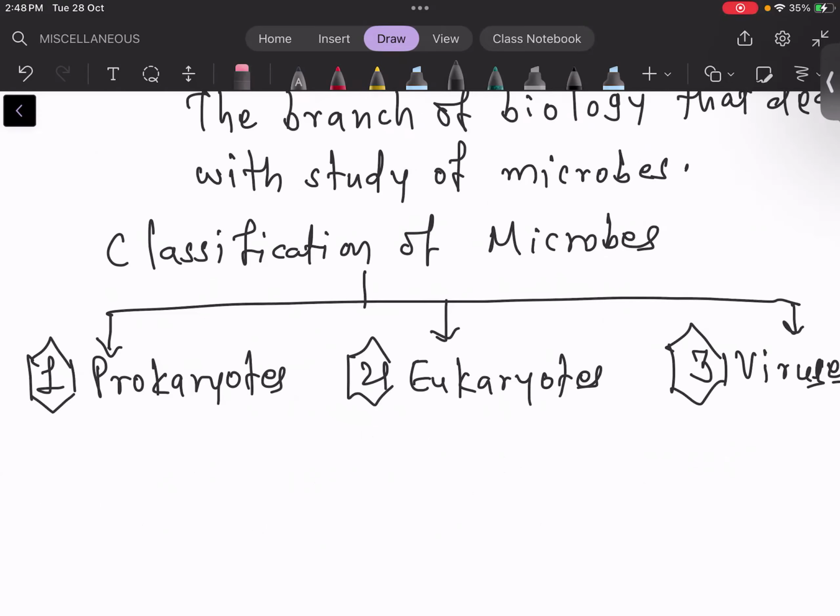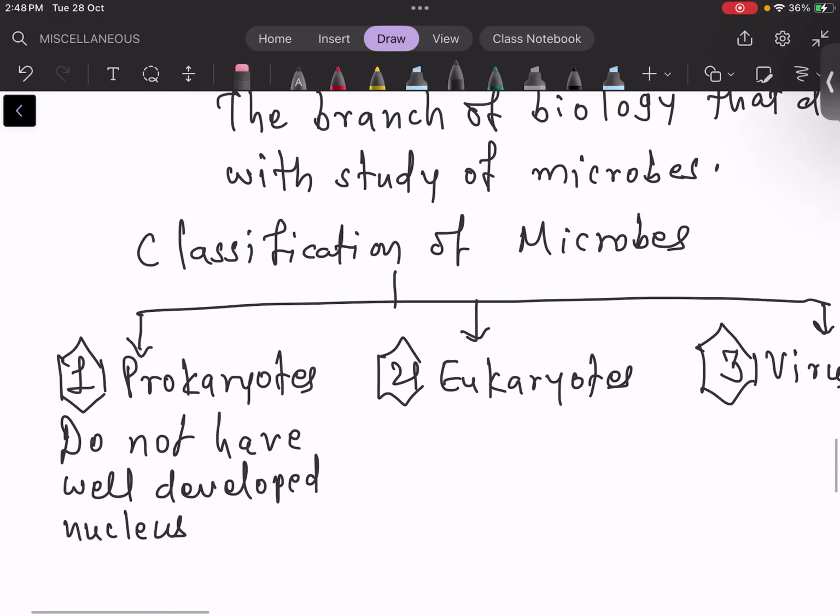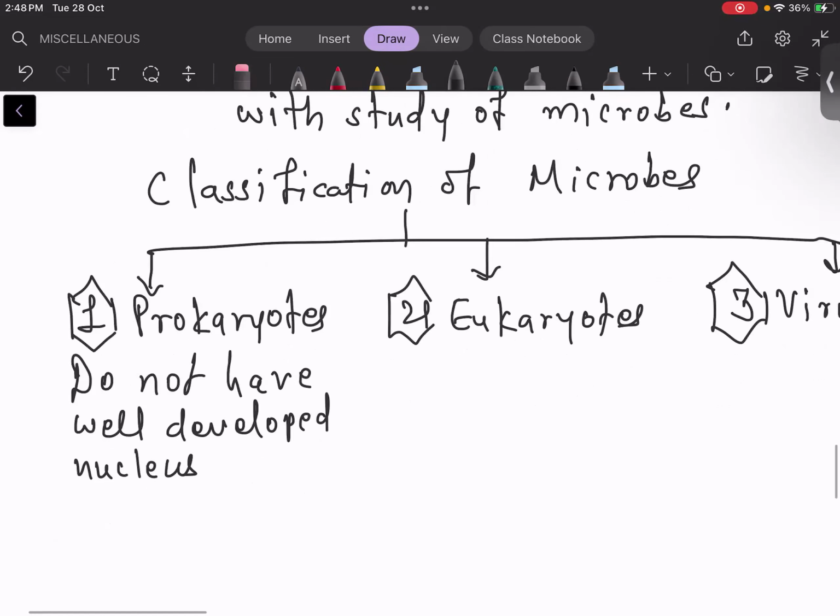That is, they do not have a well-developed nucleus. They are further classified as bacteria and archaea.